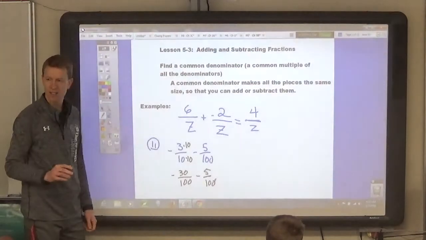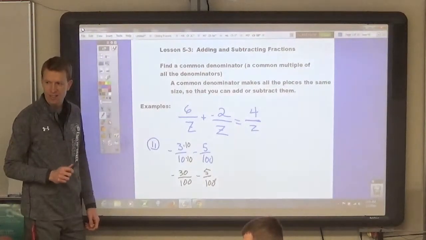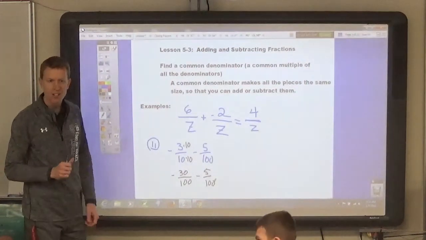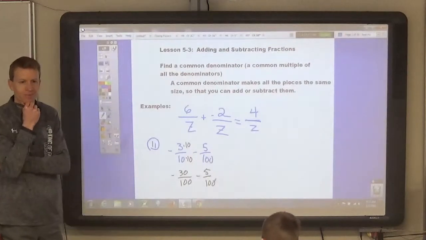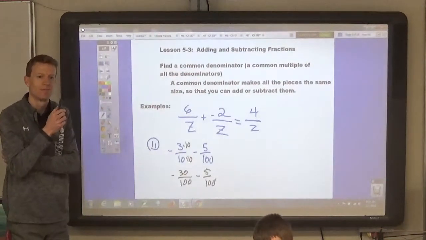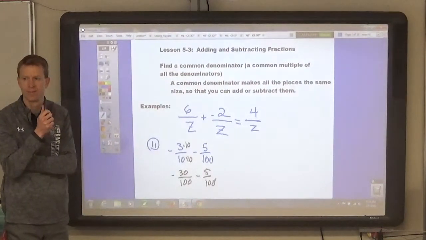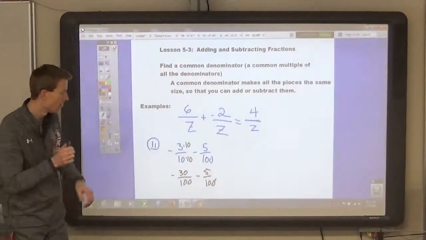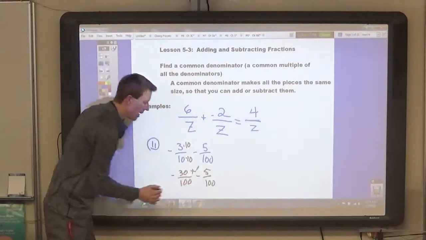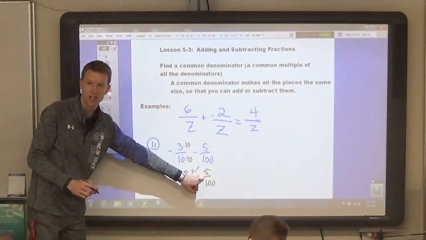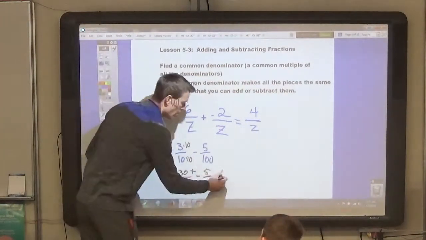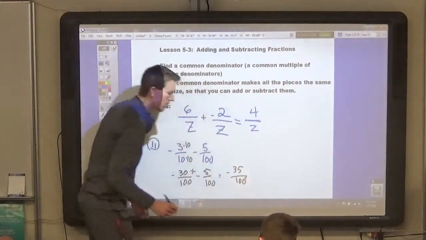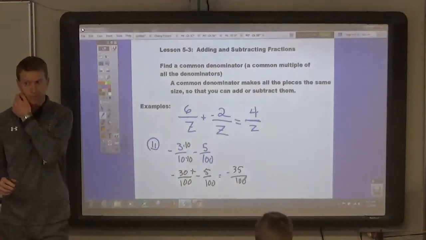What did he say, Issa? How do you subtract them, Greg? Since they're both negative, it would be negative 35. So we have to add the 5 because they're both negative, right? Negative 35 over 100. What's that in lowest terms, Sam?